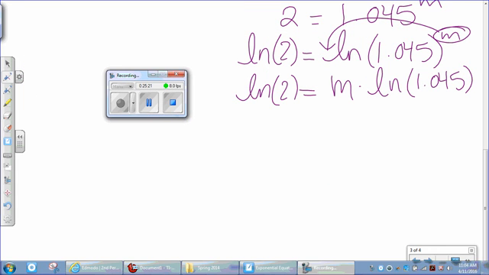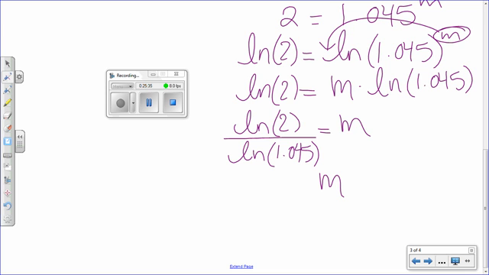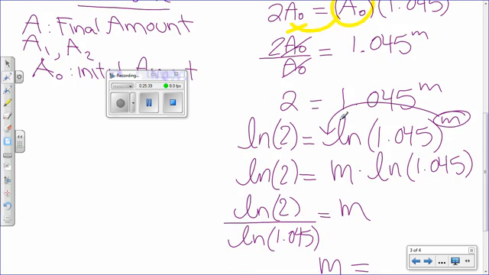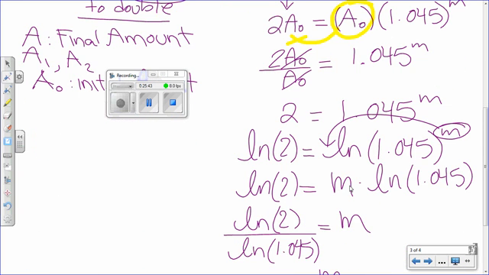And finally, to solve for m, we will have to divide the natural log of 2 by the natural log of 1.045. And that will tell us, more or less, how many months it will take. Was it months or years? I think we're all in years. We were talking about years. Right. So all this m should have been the t.